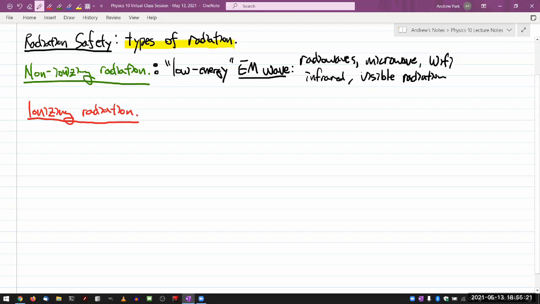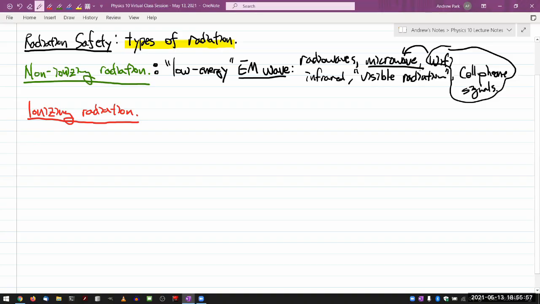Sometimes if you look at labels on laser pointers, you might see it produces visible radiation, and visible radiation is perfectly fine and safe as long as you don't shine it into your eye. And even when you do, it just hurts your eye and maybe damages it permanently, but not with laser pointers. Oh, and I guess cell phone signals like 5G. These actually just fall under microwave.